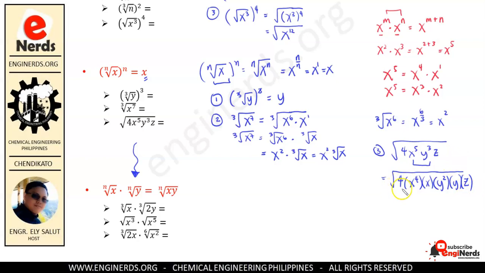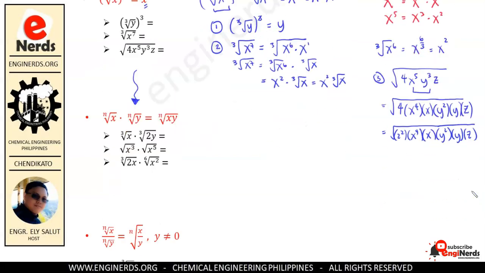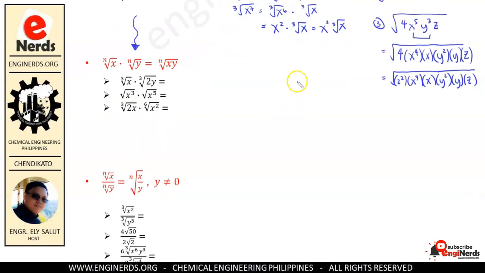Now, yung 4 natin can also be expressed in the form of an exponent, no? We know that 4 is equal to 2 squared. So we will have here the square root of 2 squared times x to the 4th times x times y squared times y times z. So now, ilabas natin itong mga values natin that is divisible ng ating index.